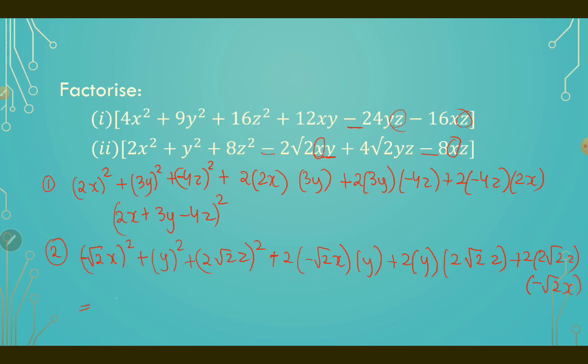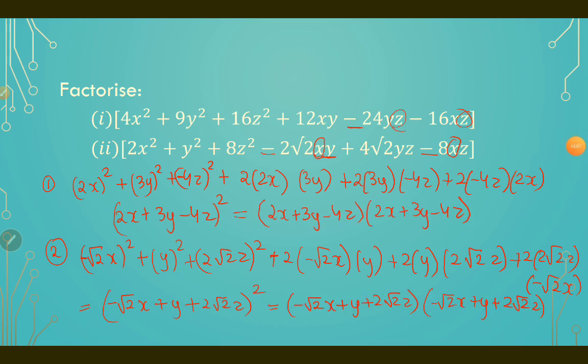That's nothing but minus root 2x plus y plus 2 root 2 z the whole square. They are asked to factorize, so we have to write them in separate terms like this.